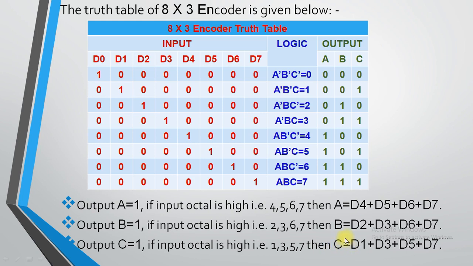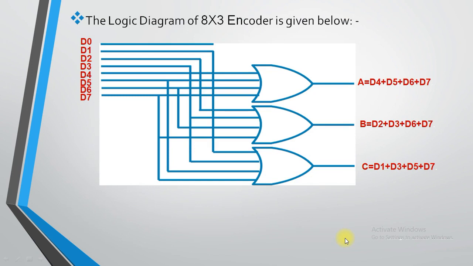Now to represent 8/3 encoder in the logic diagram, you just need to draw 8 lines which are represented by D0 to D7. Over here we have used 3 OR gates because our formula is representation of OR gate. In the example of decoder, we have used AND gate. Why? Because it is representation of multiplication.